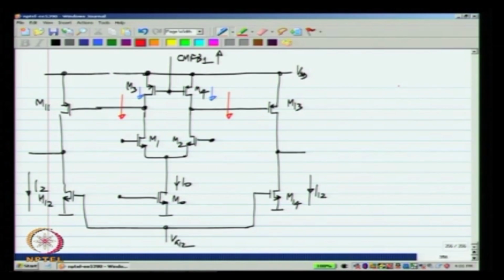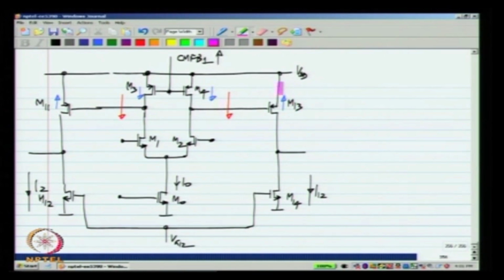Because the currents in M3 and M4 will reduce, these node voltages will be pulled down, okay. Now, because these voltages are pulled down, the VSG of M11 and M13 are increasing. So, the currents in M11 and M13 will increase, okay. So, you can see that this voltage CMFB1 controls the current in M3 and M4 as well as the currents in M11 and M13, okay.